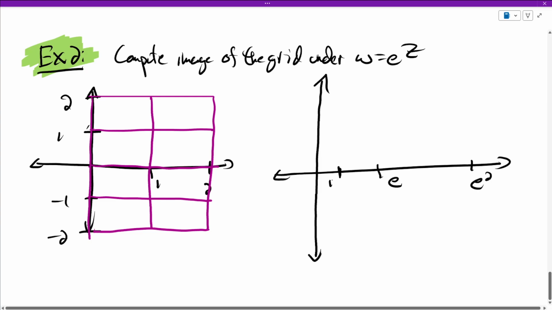All right. Okay, so let's first tackle what happens to this vertical segment where the real part is 0, right? What this is going to get sent to is a portion of the circle of radius 1, because it's a vertical line and the real part's 0, so the radius should be e to the 0, which is 1.